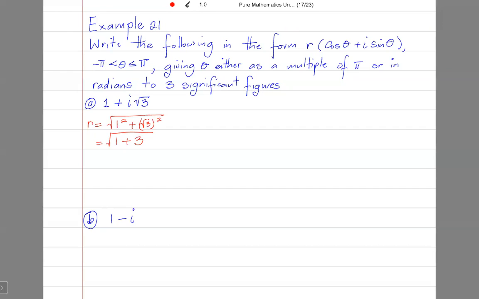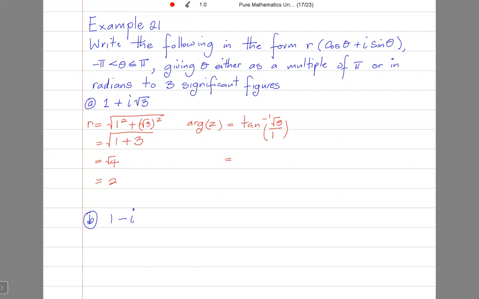Root 3 squared means root 3 multiplied by root 3, which is 3. So this is the square root of 4, which is 2. The argument of z, this is the first quadrant, so it's tan inverse of the imaginary part, root 3, over the real part, which is 1.